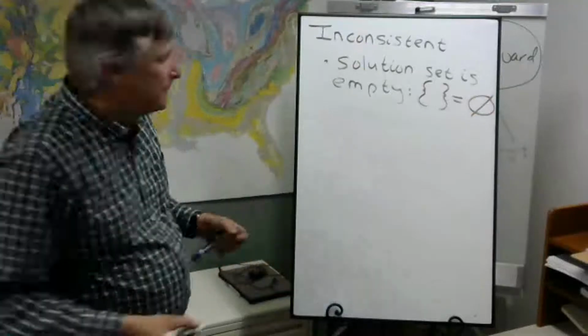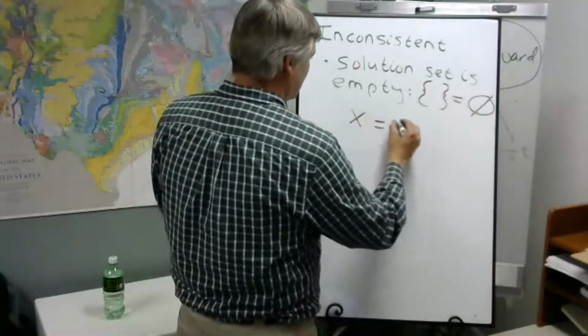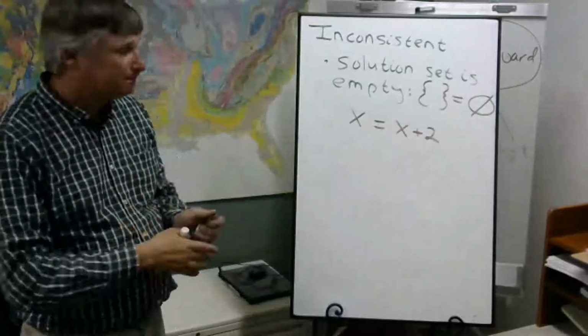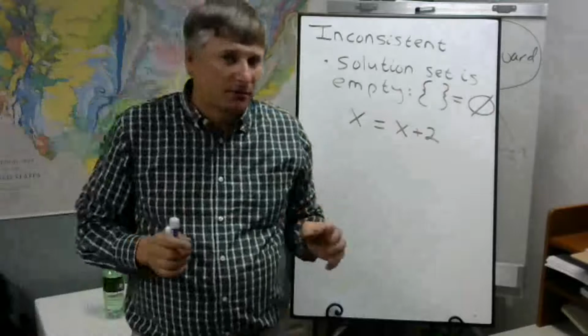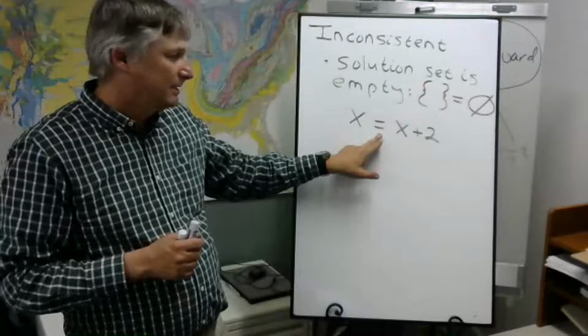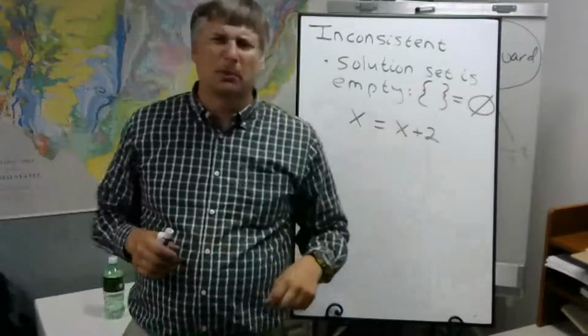Now, an example of one, let's say we have this equation. Is there a number you can think of where that number is equal to exactly the same as itself plus 2 more?